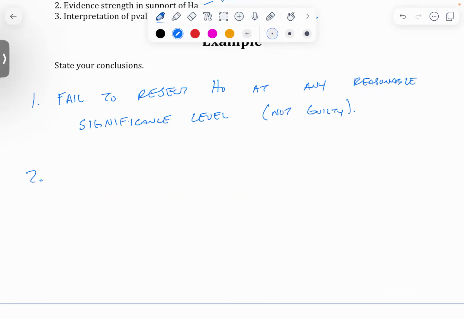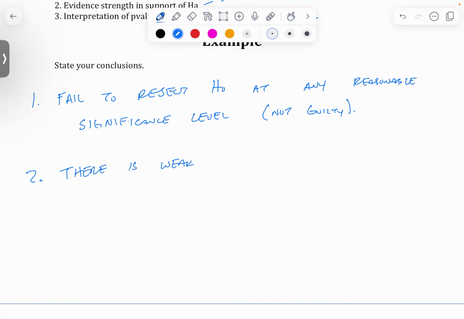Then the reading of the charges. If you said not guilty, then you basically need to talk about the evidence. Was there a lot of evidence or not enough evidence? Well, if we said not guilty, there was not enough evidence to convict. That's basically what we're going to read here: there is insufficient, not enough, or weak evidence.